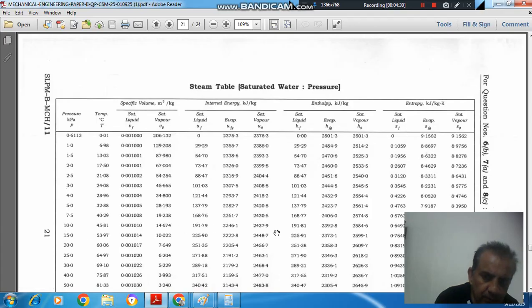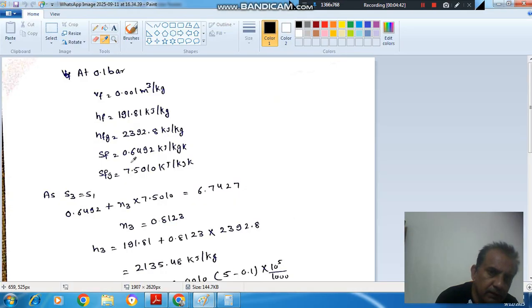So here the properties are HF 191.81, HFG, and so on. So we have noted down these properties also. VF is equal to 0.001 meter cube per kg, HF is equal to 191.81 kilojoule per kg, HFG is equal to 2392.8 kilojoule per kg, SF is equal to 0.6492, and SFG is equal to 7.5010 kilojoule per kg per Kelvin.